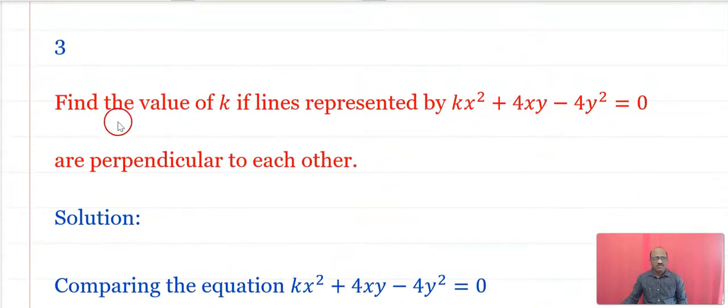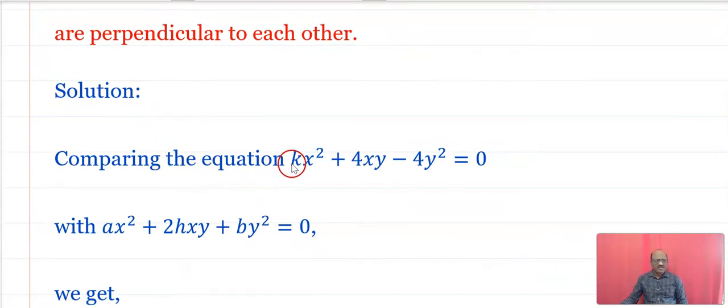Next problem, find the value of k if the lines represented by kx square plus 4xy minus 4y square equals 0 are perpendicular to each other. As the lines are perpendicular to each other, the coefficient of x square plus the coefficient of y square equals 0. Using that condition you can find it easily.